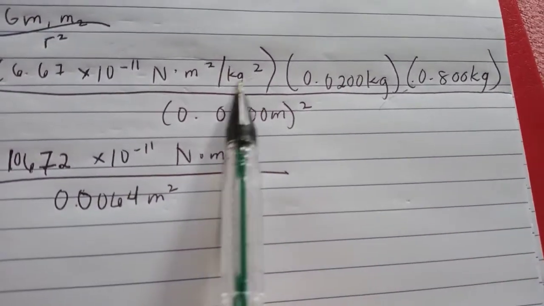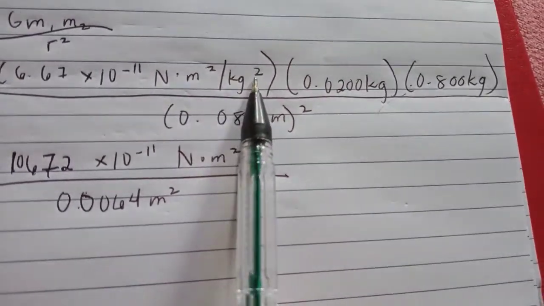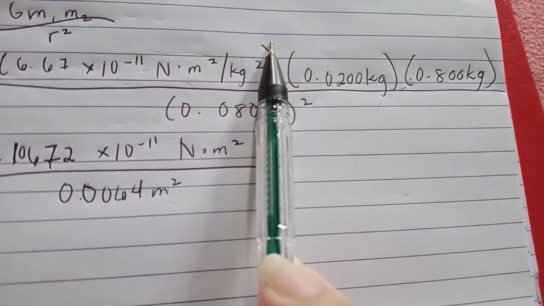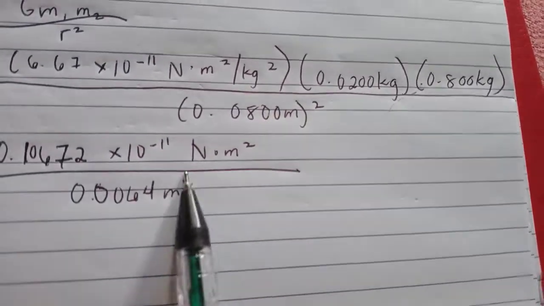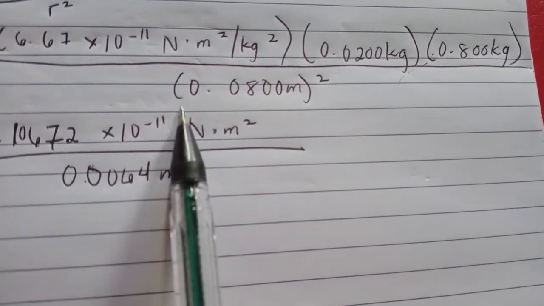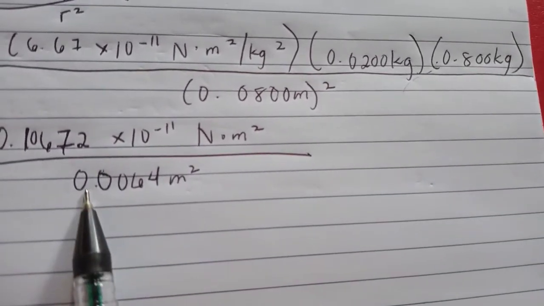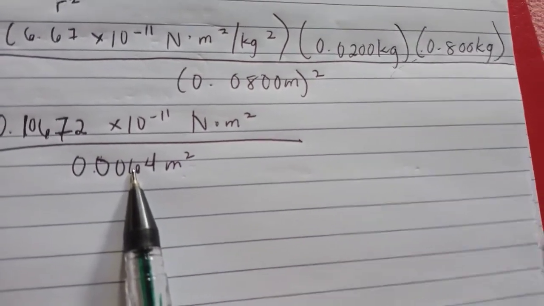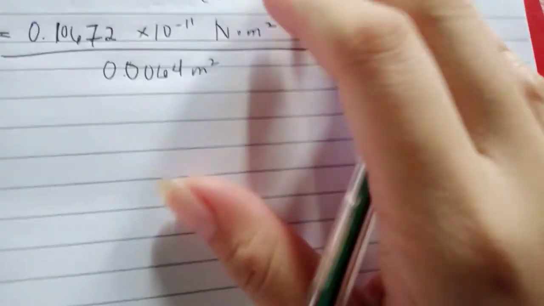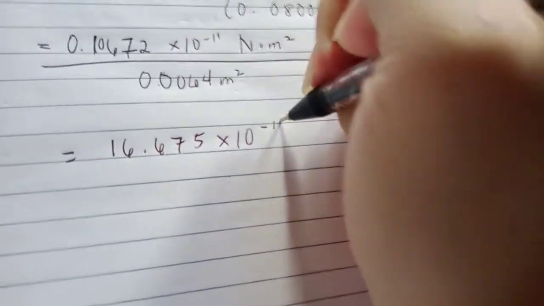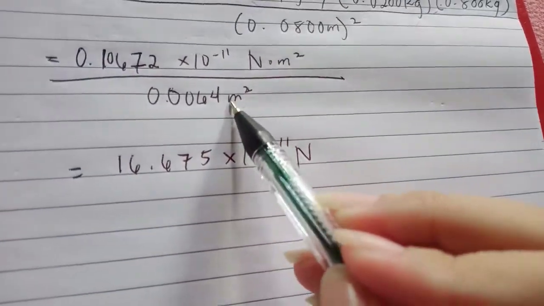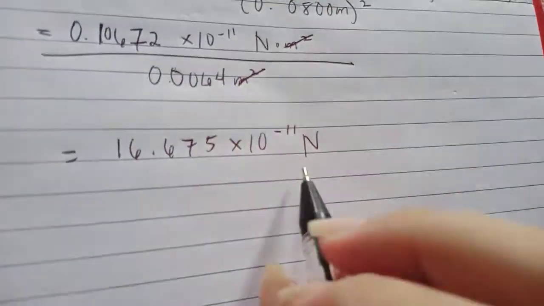Then kilogram squared times meter squared per kilogram squared will be meter squared, because the kilograms cancel. Then 0.0800 meter times 0.0800 meter will be 0.0064 meter squared. Then this will result in 16.675 times 10 raised to negative 11 Newton. Cancel this one, and cancel this one, Newton.